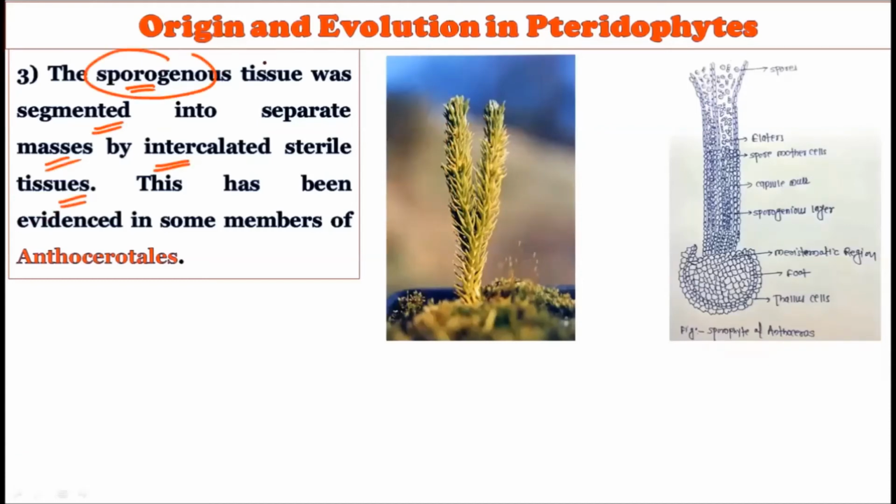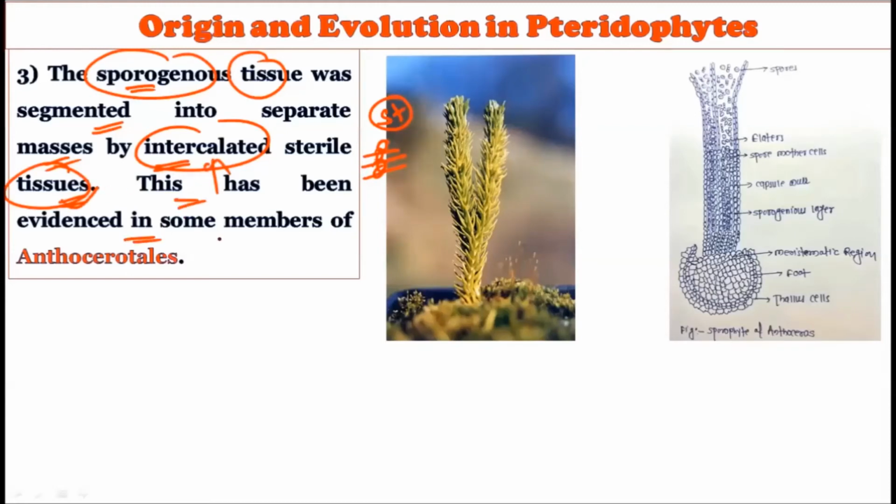The segments were formed in this tissue, and the sterile tissue separates the sporogenous tissue. So the sporogenous tissue which is formed in the first step got superficial in the second step, and in the third step the masses got separated from one another by the intercalated sterile tissue.